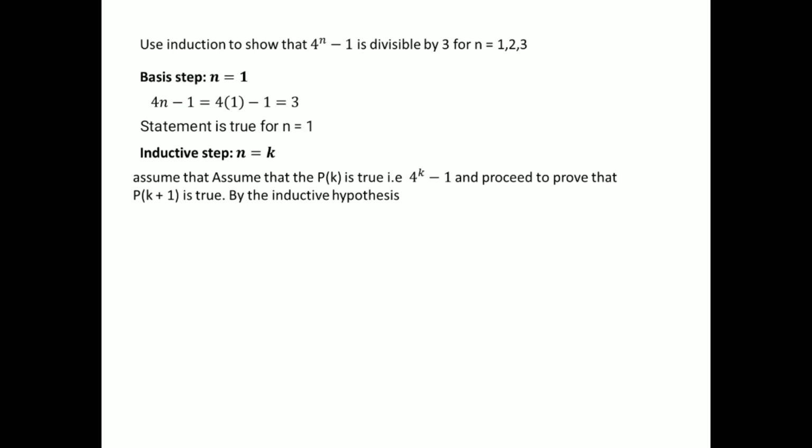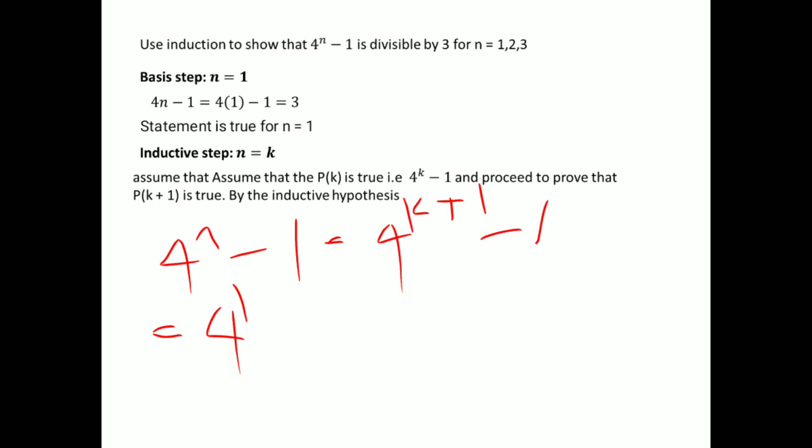Now for k plus 1, your 4 raised to power n minus 1 will now be 4 raised to power k plus 1 then minus 1. 4 raised to power k plus 1 can be written as 4 raised to power k times 4 raised to power 1 according to indices, then minus 1.